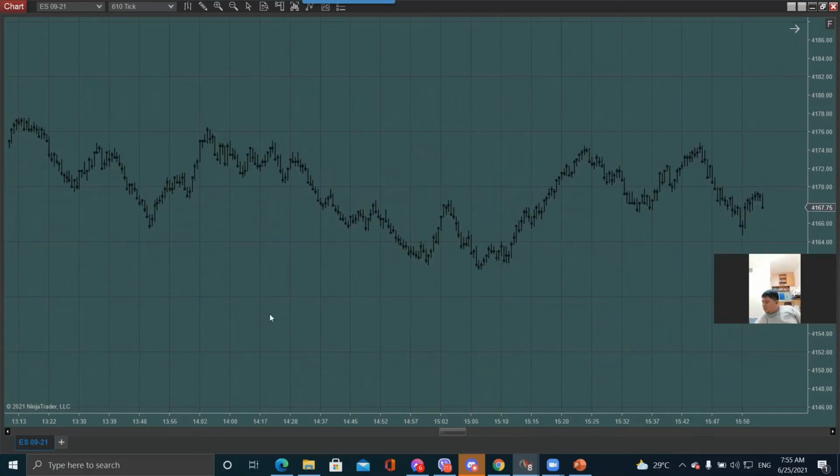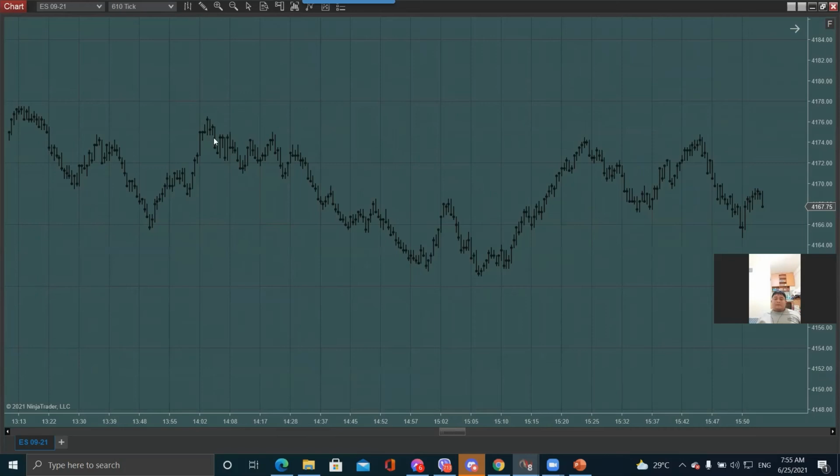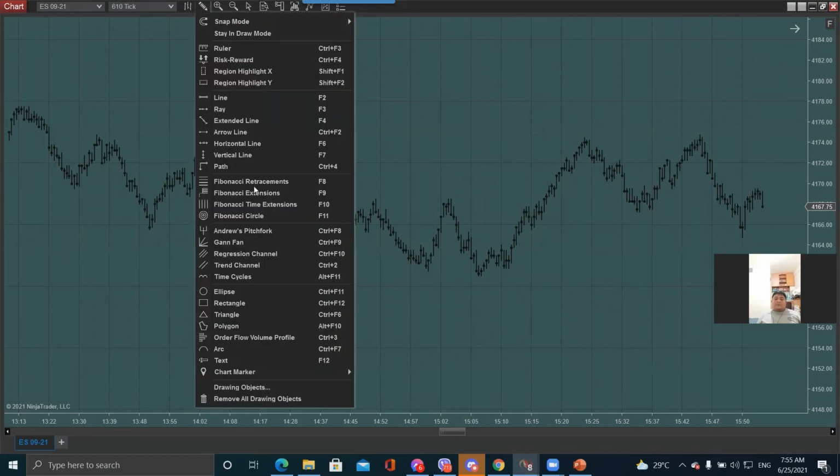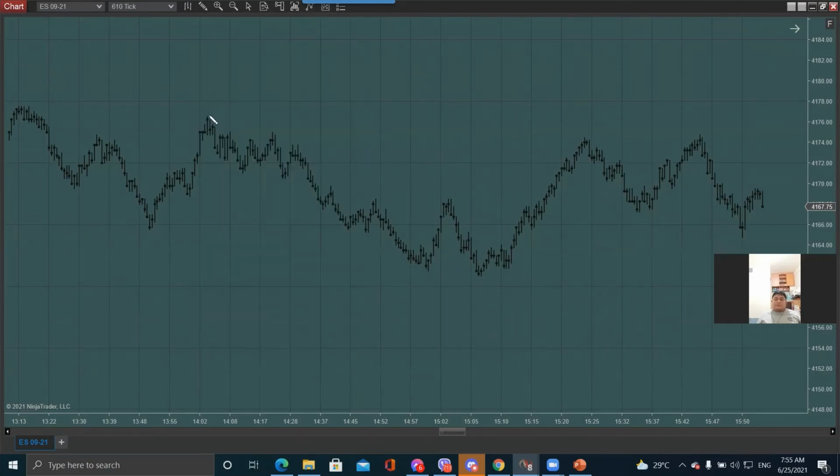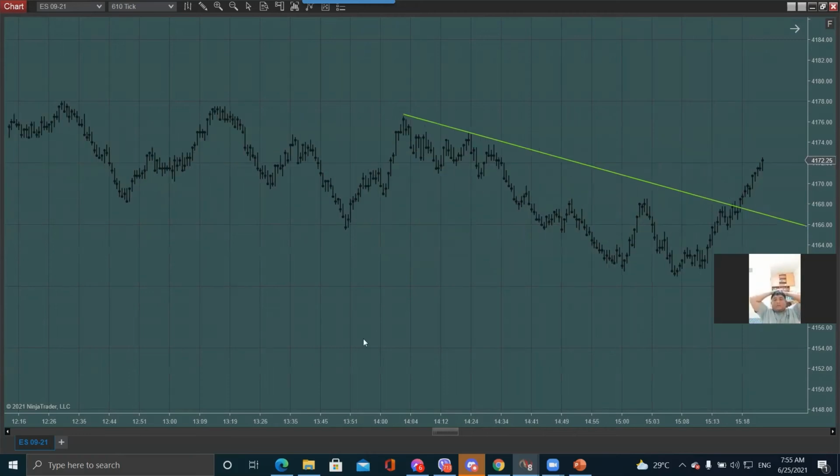So you have grindy behavior with direction down here. You see this is angling down, right? You can draw an arrow, connect the tops, and it's still going down, but you have grindy behavior, right?